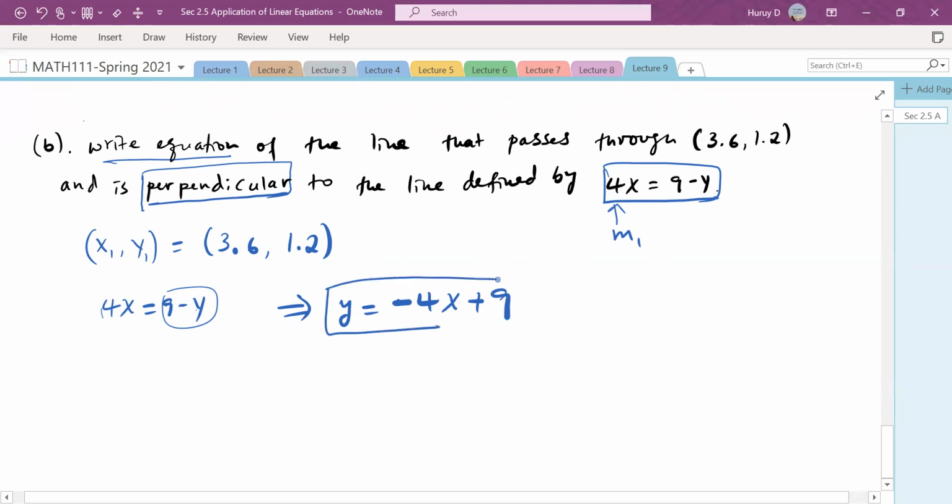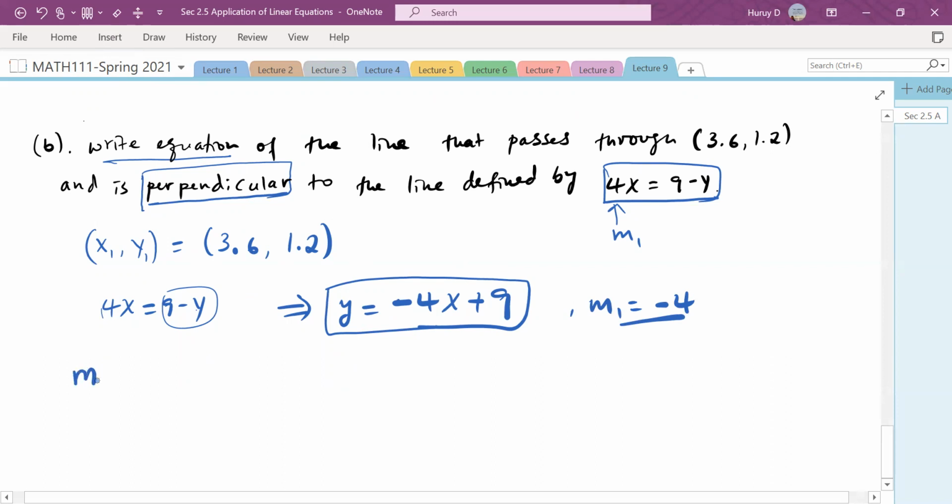This is what you get if you simplify. You can follow all the steps; I'm just skipping some of them, because this is just moving terms from left to right. Since this is the slope-intercept form, you can easily spot that M1 is negative 4.